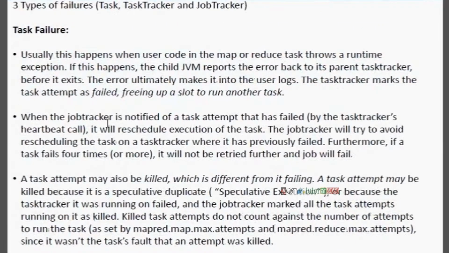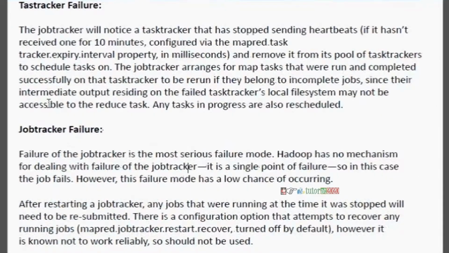The solution for the first, task failure, is we want to resolve our code problem. And the solution for task tracker failure is we want to identify either the data node problem or the task tracker problem, then we resolve it. And the third one is job tracker failure. The failure of the job tracker is the most serious issue because only one job tracker is there.